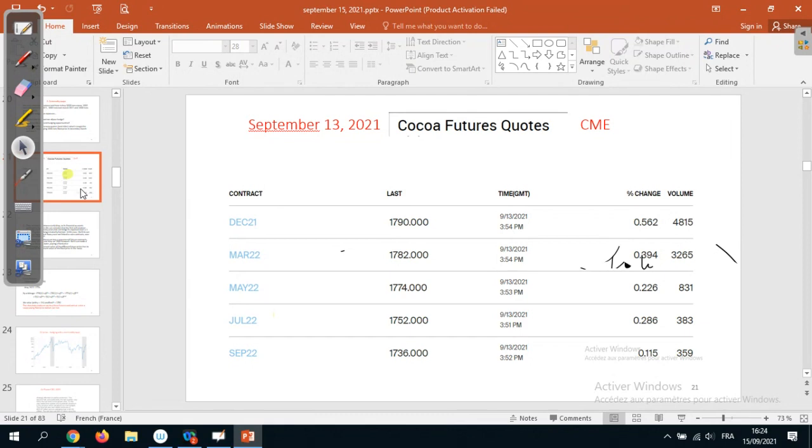So the first hedging solution is to buy 3 futures contracts on the Chicago Mercantile Exchange: a December 21 futures contract, a March 22 futures contract, and a May 22 futures contract. Each contract on 1,000 tons.